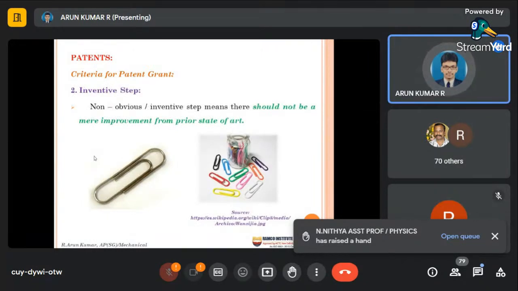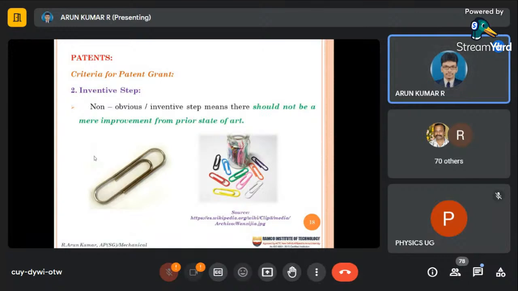And the second one is inventive step. What actually is an inventive step? It should not be a mere improvement. It should include either a technical advancement or economic significance. For example, if you involve some technology in your invention, then you can claim your invention to be technically advanced, or that it has an inventive step.